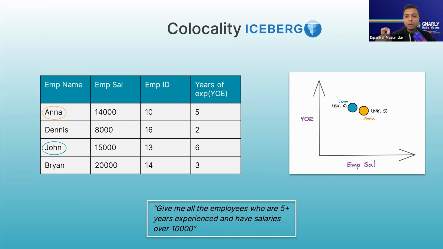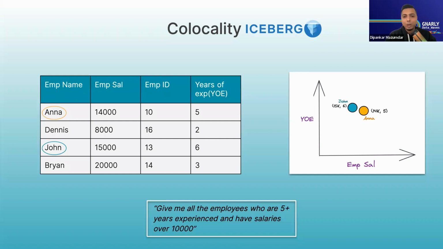So if two instances have similar Z values, they're going to end up in a similar file. That means they're going to be pretty much close together in a single dimensional environment. Now for our employee example, if we organize the files based on the ZOrder curve, you should be able to use information from both columns for clustering the data using the Z value.